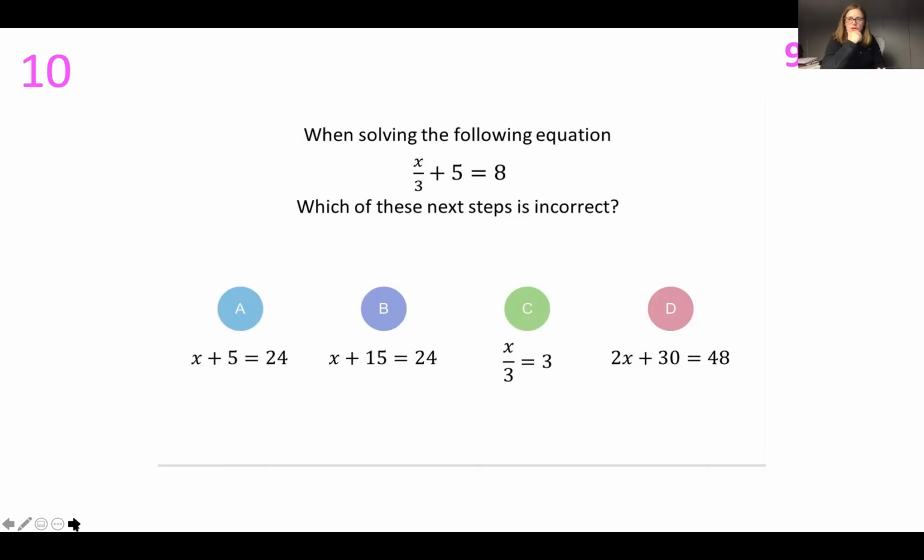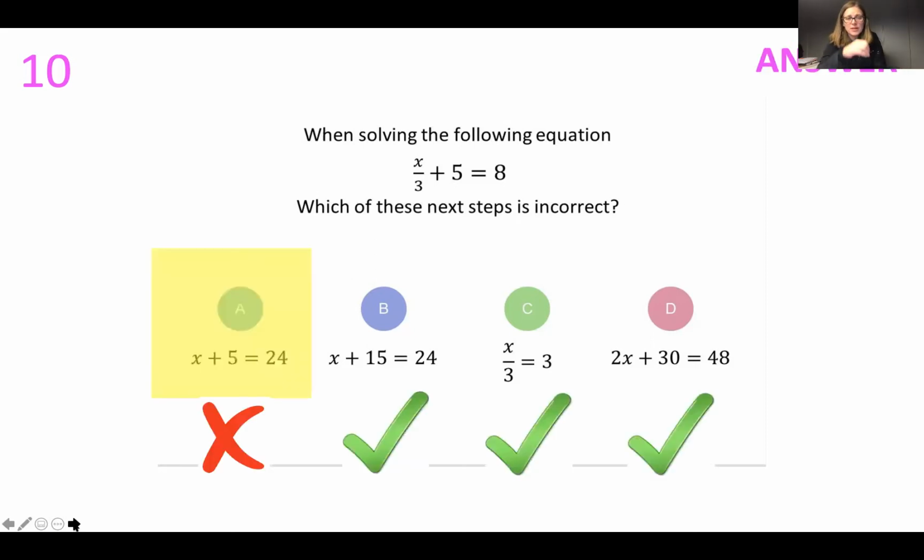This is your last one. Please put your answer in the chat now. Let's see how many of you got the correct answer, which is the one that's wrong, remember, and the answer is A. Why is this one wrong?